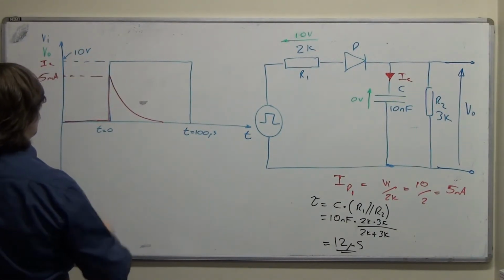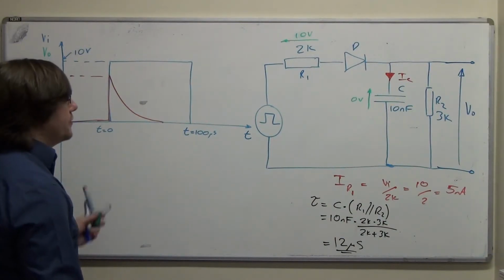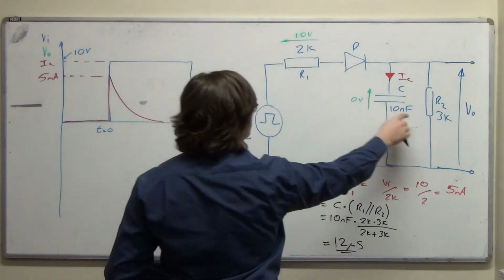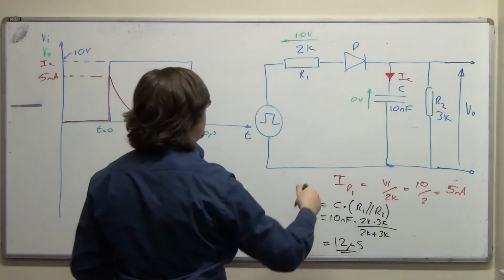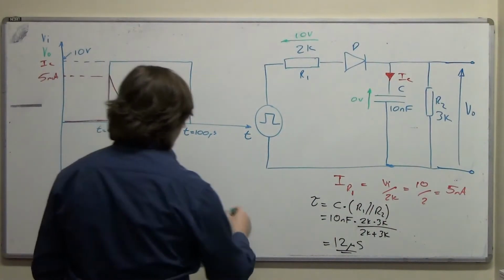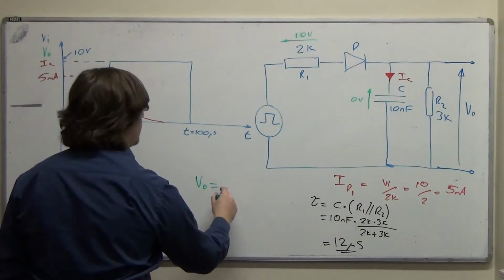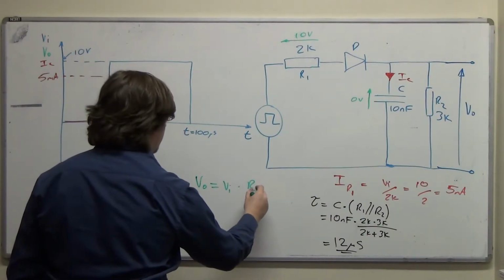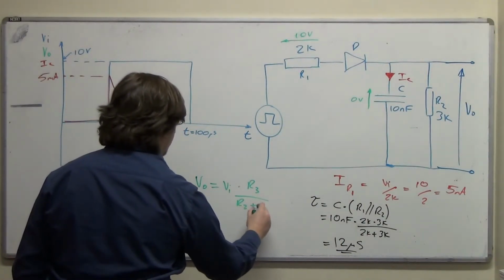And for voltage, we've got to be careful there, because ultimately this potential divider will take effect, and we will end up with V out equal to V in times R3 over R2 plus R3.